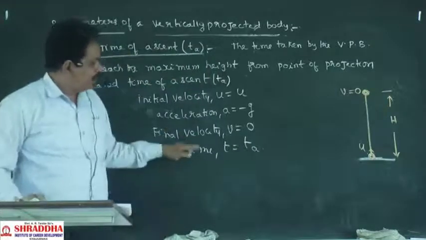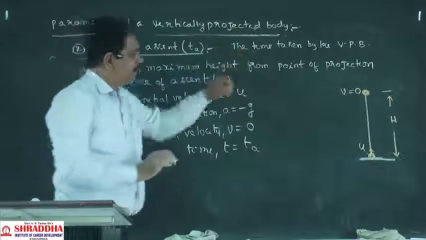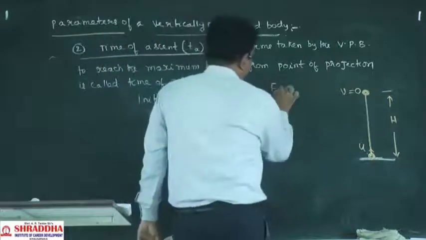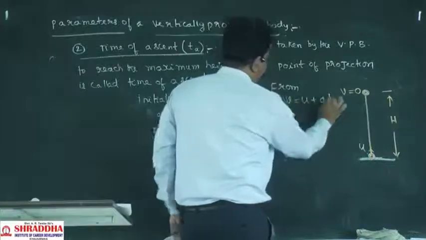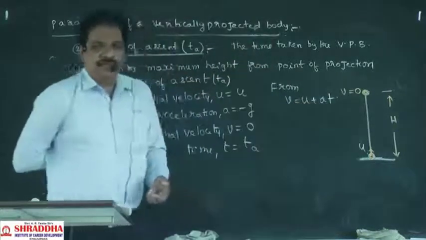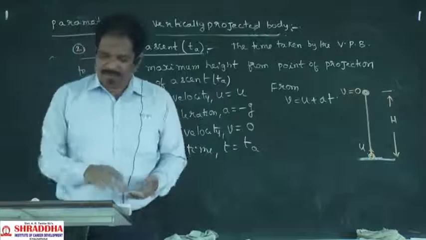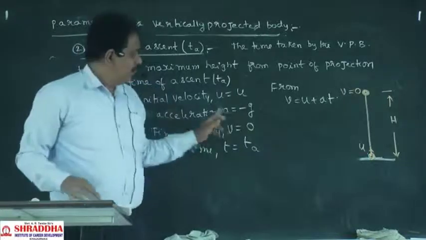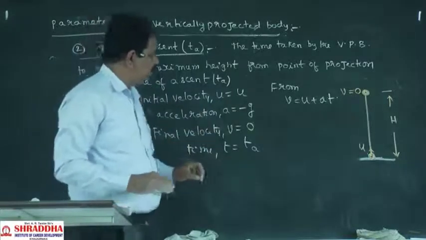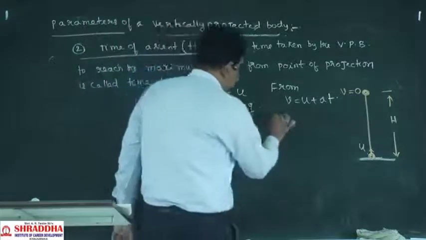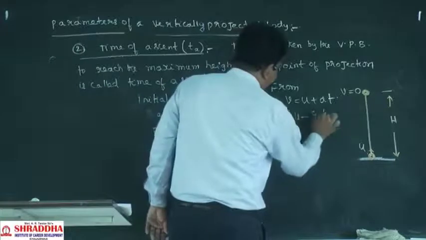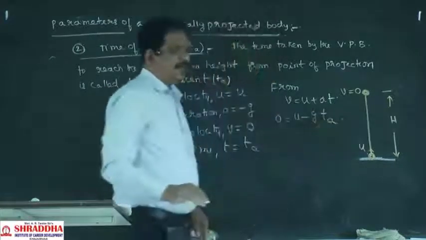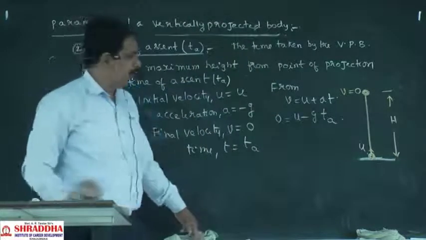Substituting all of this in the equation of motion v is equal to u plus at: 0 is equal to u plus minus g times ta.